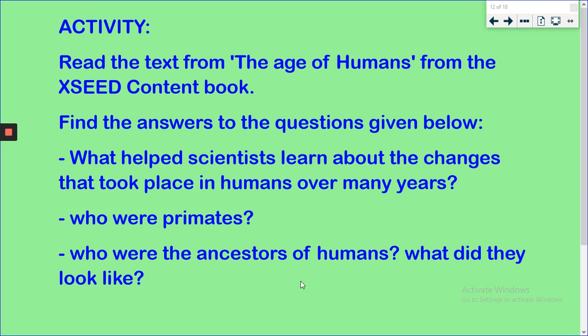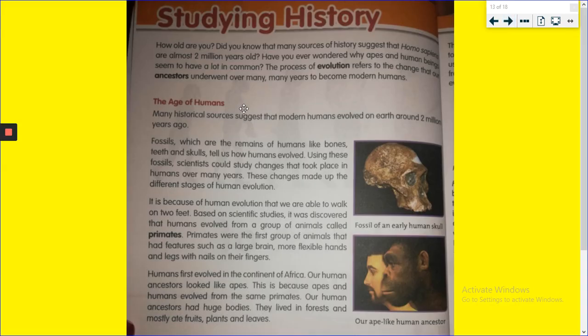This one, Age of Humans. Many historical sources suggest that modern humans evolved on Earth around 2 million years ago. Fossils, which are the remains of humans like bones, teeth, and skulls, tell us how humans evolved.